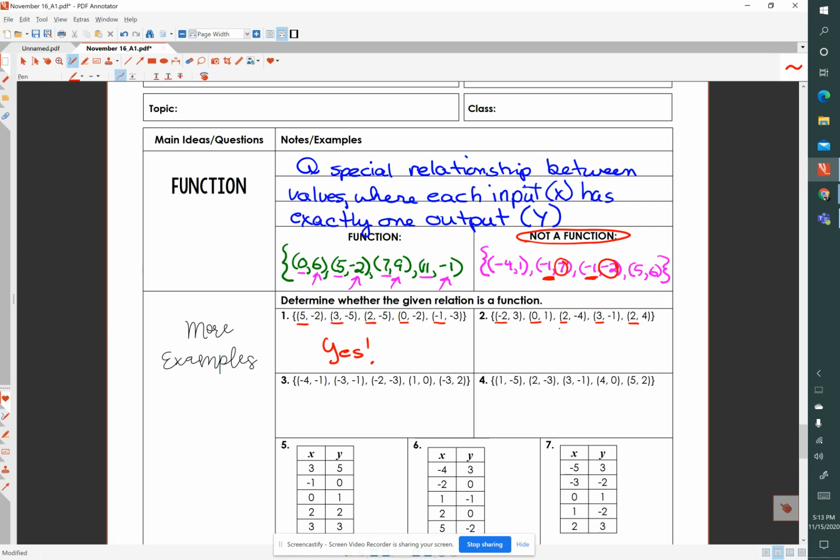Both these ordered pairs have 2 as an x value. So no, not a function. Next, I have -4, -3, -2, 1, -3, and this is a problem. I have the same x value twice. No, not a function. And here, let's look at my x values: 1, 2, 3, 4, 5, nothing repeated. Yes, it is a function.